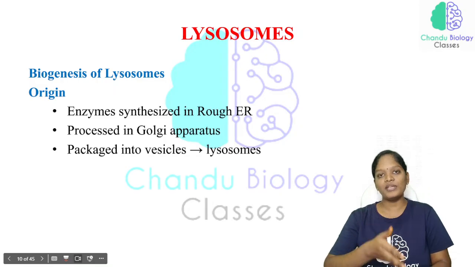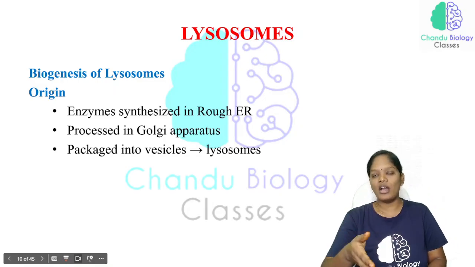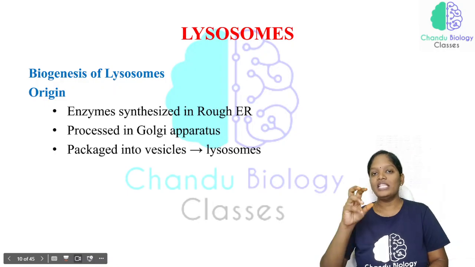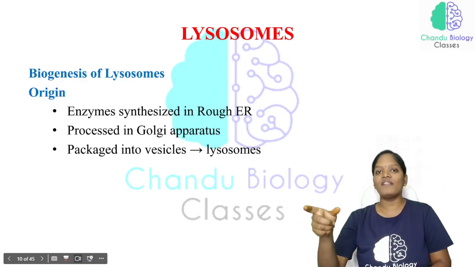From the rough endoplasmic reticulum, the Golgi complex is formed, and the Golgi vesicles are the ones involved in the formation of the lysosomes.